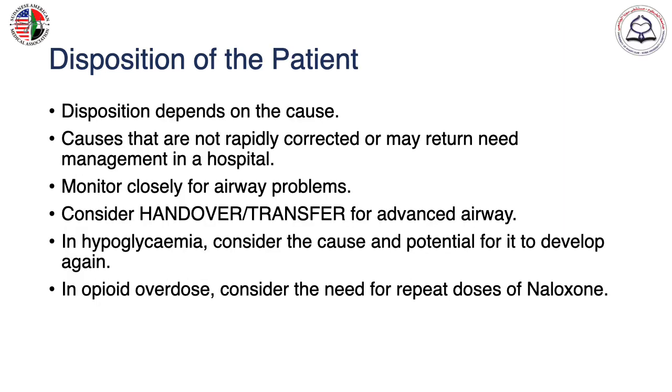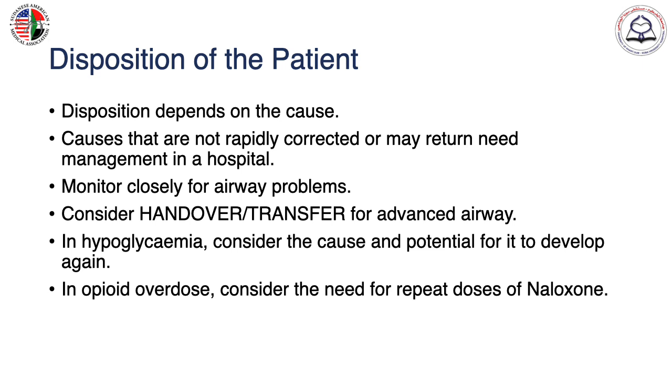Always, after you do the ABCDE approach and after you do the secondary survey, you need to assess if you are capable of managing this patient in your facility, or you have to transfer him somewhere else. So disposition depends on the cause and on the resources. Causes that cannot be rapidly corrected or may return need management in hospital.